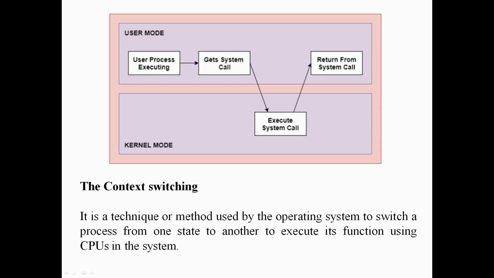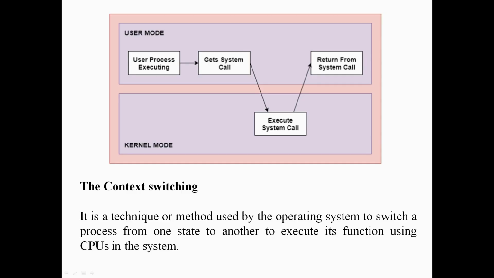Please look at this diagram. First, the user process is executed in the user mode. In no way can a user process execute in the kernel mode; it has to execute only in the user mode. But during that time, this process may need some resources, for example an IO device or memory related resources.